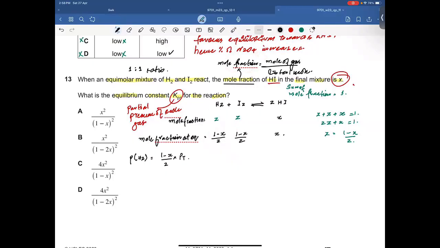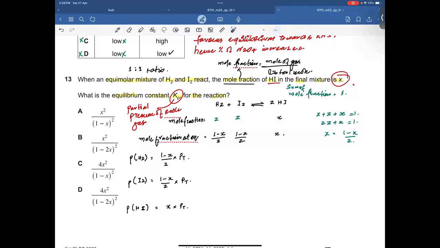It's all right if you can't use this, but let's stick to the protocol we have discussed in the class. Then partial pressure of I2, so it's going to be the mole fraction, which is (1 minus X) upon 2 into total pressure. And the partial pressure of HI is basically mole fraction, which is X, into total pressure, which is PT.